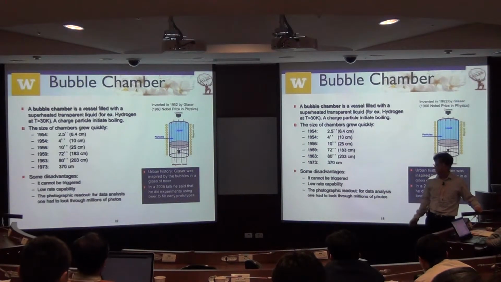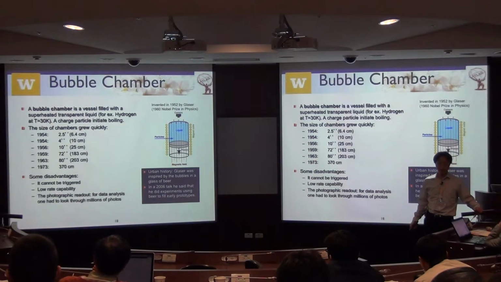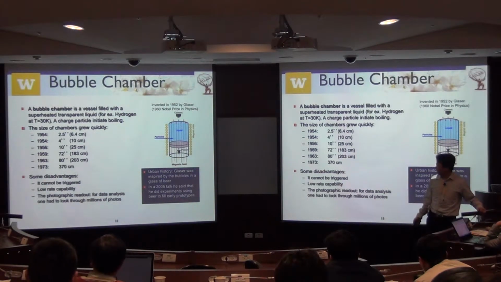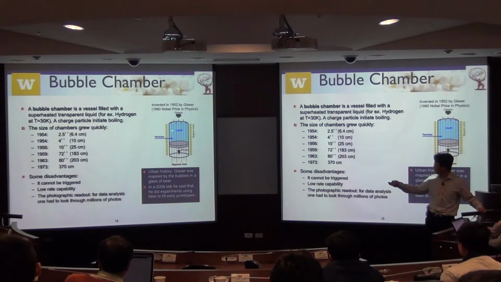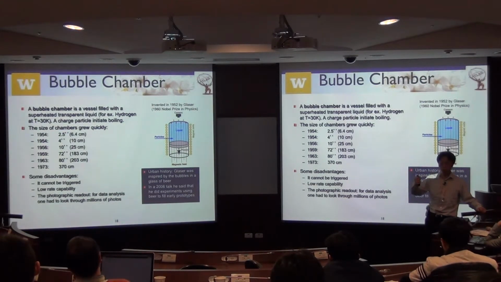So we have a chamber in a similar spirit: you have a big chamber and you put some liquid inside, and you have a piston trying to press the liquid to some saturated point.